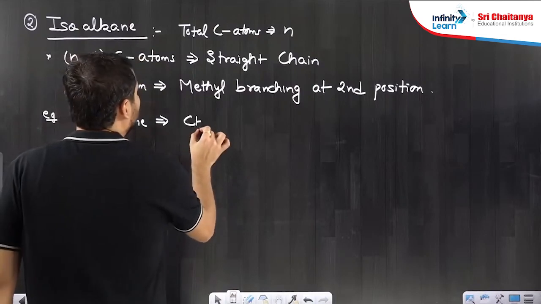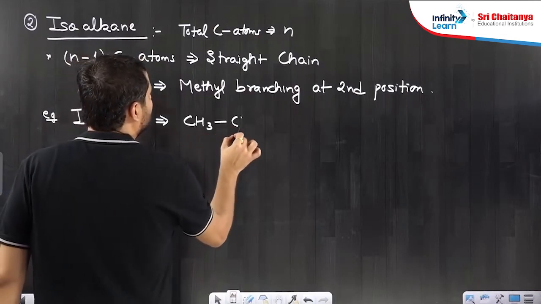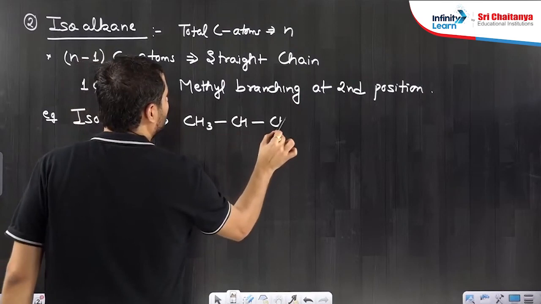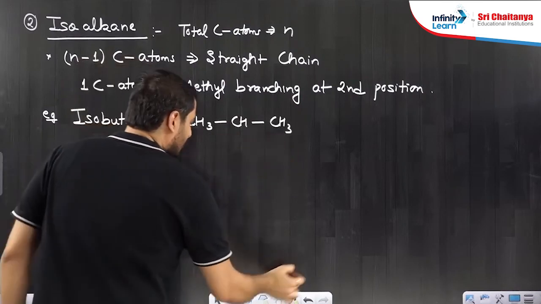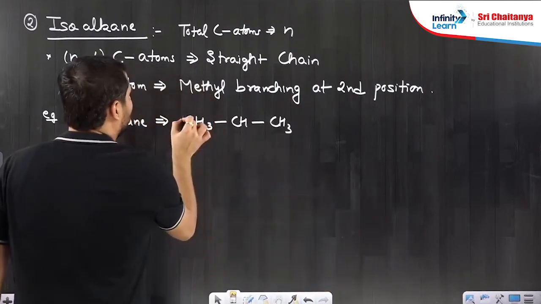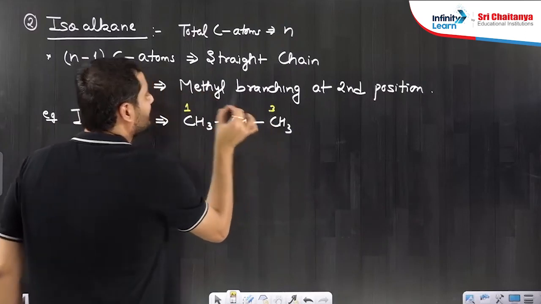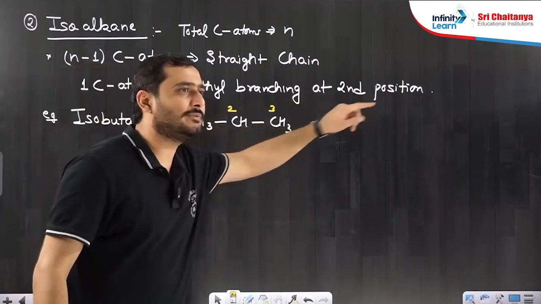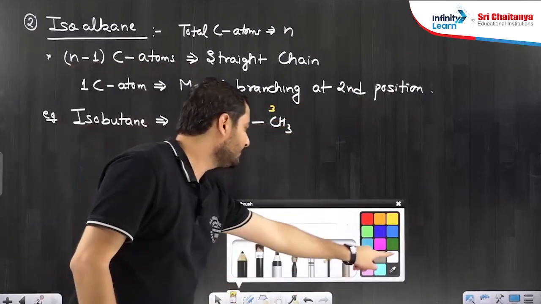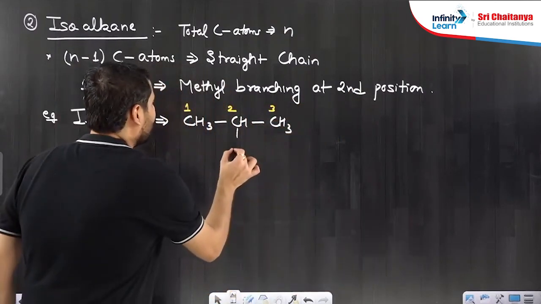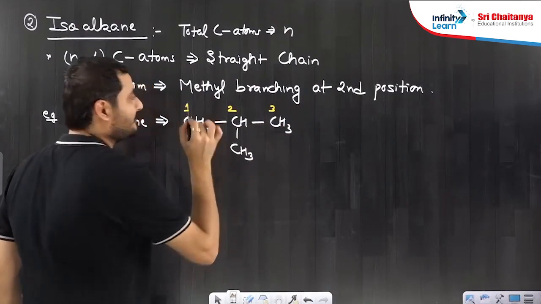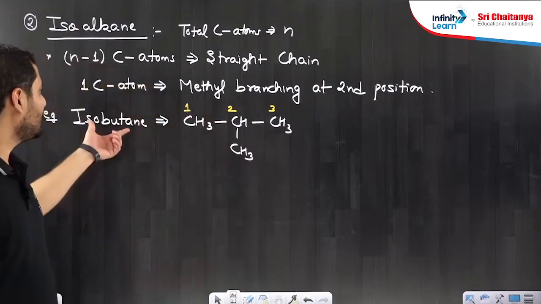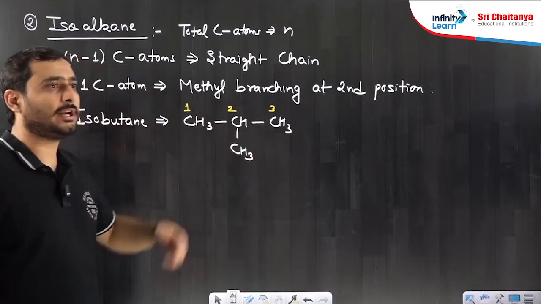So if we write 3 carbon atoms in a straight chain, CH3, CH, CH3. Next is numbering: 1, 2, 3. Now the 1 carbon atom which is remaining is a methyl branching at which position? Second position. So this is the second position here, and we have to write the methyl branching, CH3. So this is the structure of isobutane.